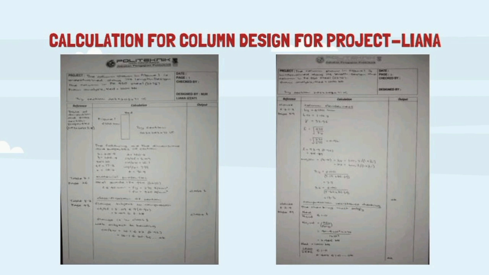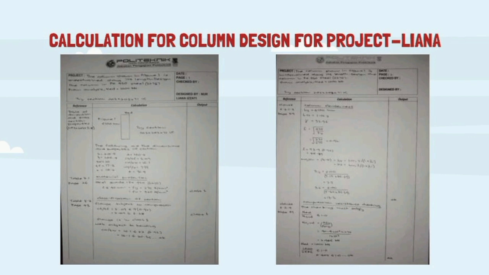Based on table 3.1 page 26, material properties, steel grade Fe430 S275, thickness smaller than 40 mm, Fy equals 275, while Fu is 430. Based on table 5.2 page 43, classification of section, flange subject to compression, Cf divided by Tf equals 5.09, smaller than 8.28.